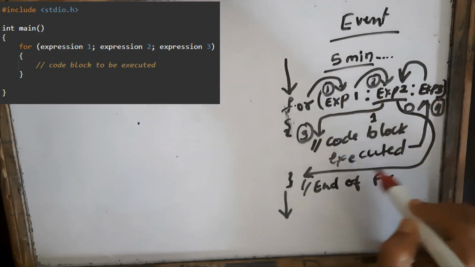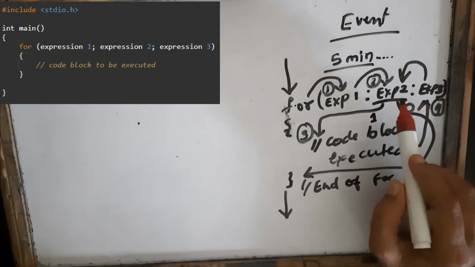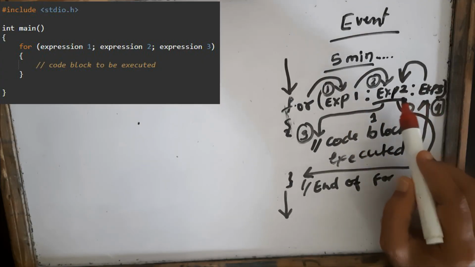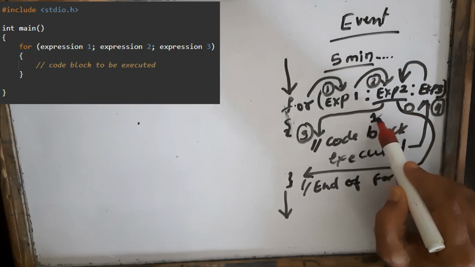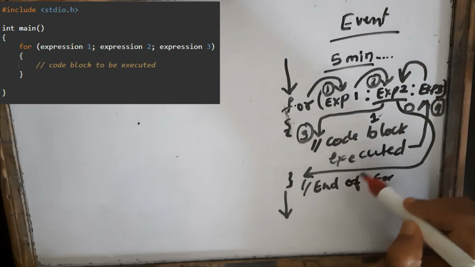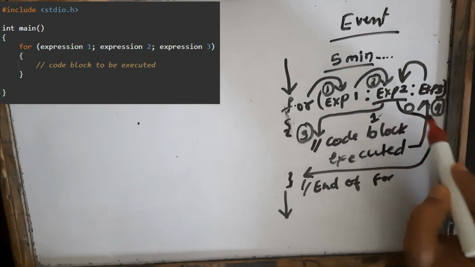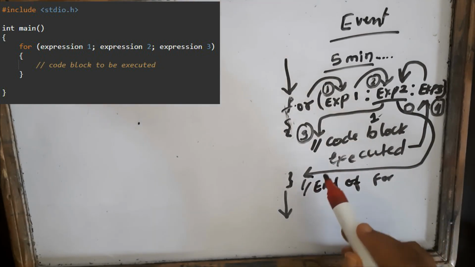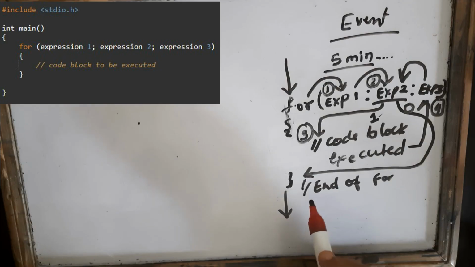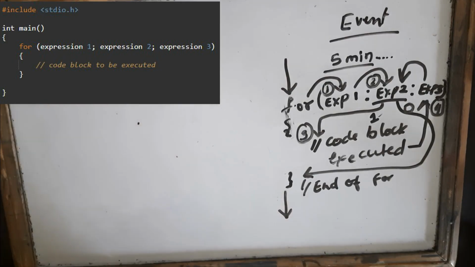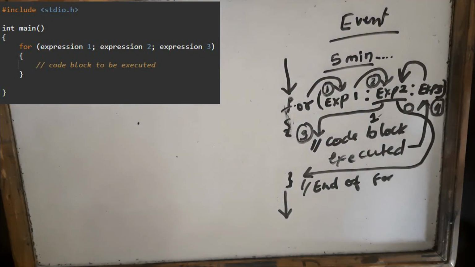It goes on continuously, executing the code block until expression 2 is true. Once expression 2 returns false, it exits, and that is the end of the for loop. This is how the for loop works.